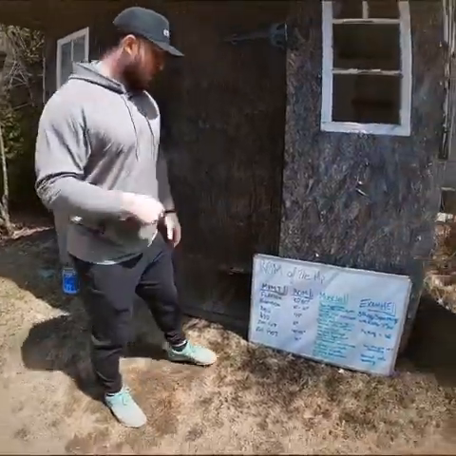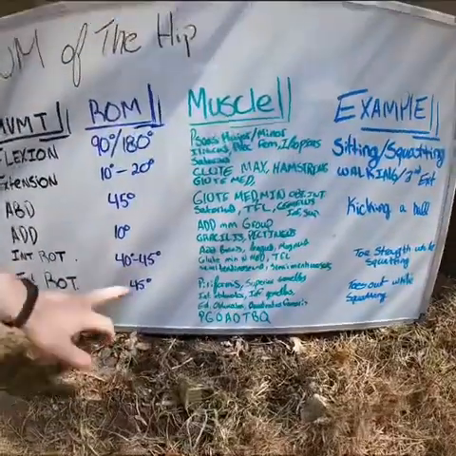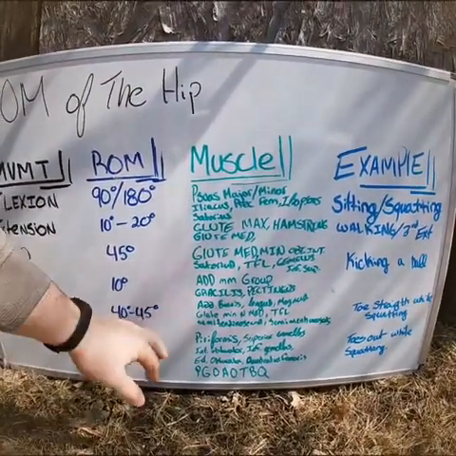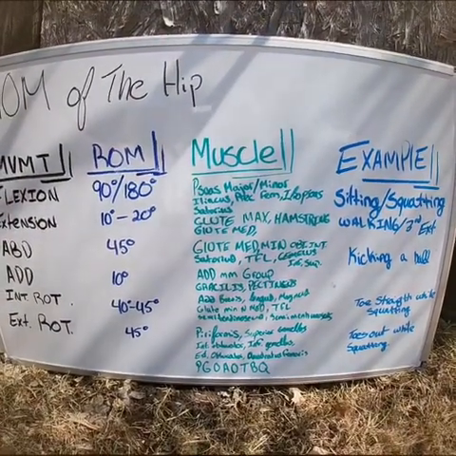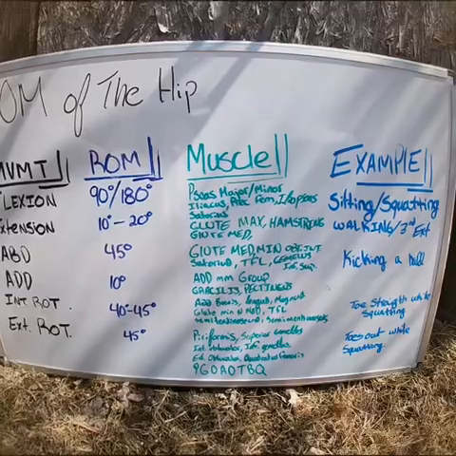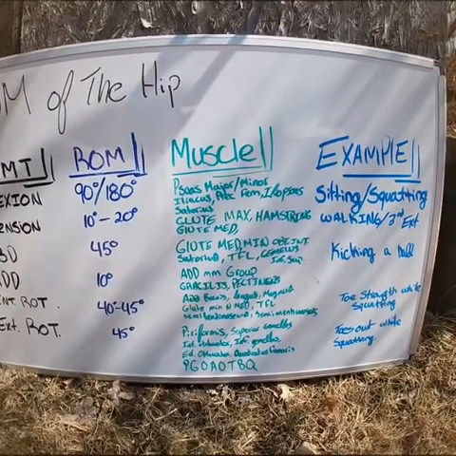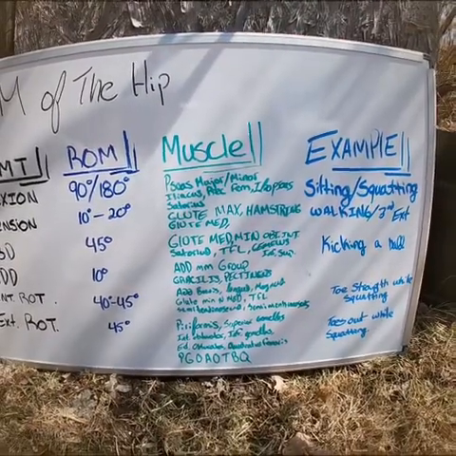Like we said before, internal rotation is 40 to 45 degrees, and external rotation is 45 degrees. The muscles of internal rotation are adductor brevis, longus, magnus, glute med and min, TFL, and two of the hamstring muscles, semitendinosus and semimembranosus.